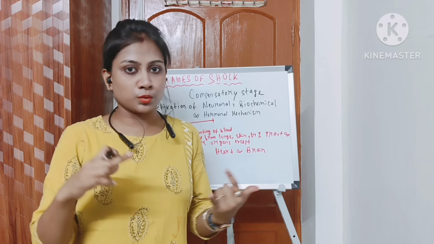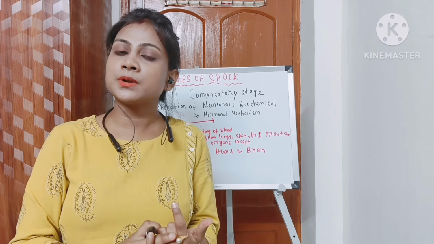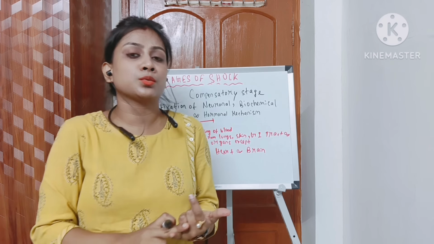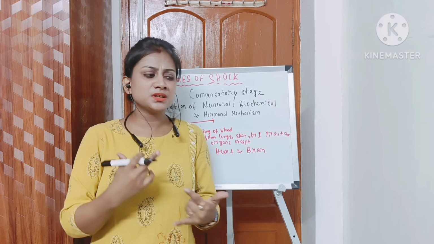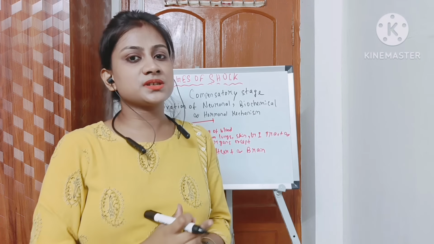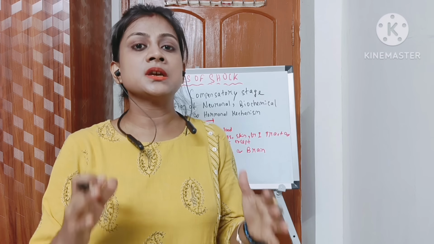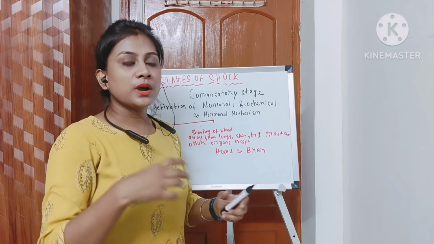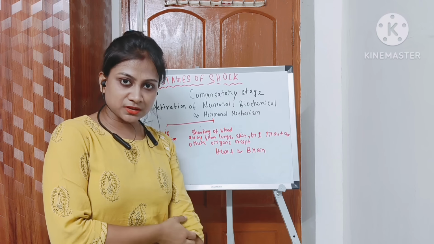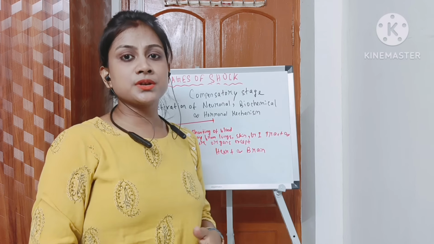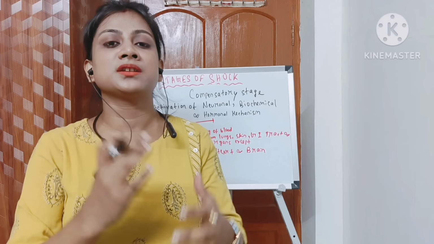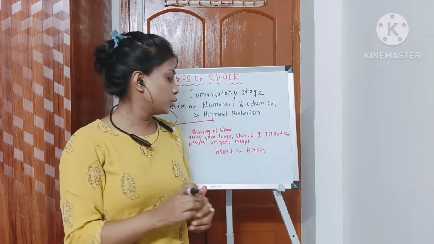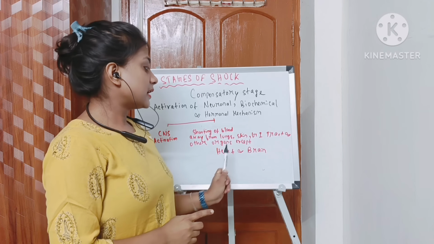If the heart is not working properly, then also blood supply will not be there, and if the brain is not working properly, then also it will be massive, if it is leading to brain death, then also it is difficult to survive. So at this stage, the body will activate the sympathetic nervous system, it will vasoconstrict, it will activate the baroreceptor and it will try to retain the blood and give the blood only to the heart and brain.